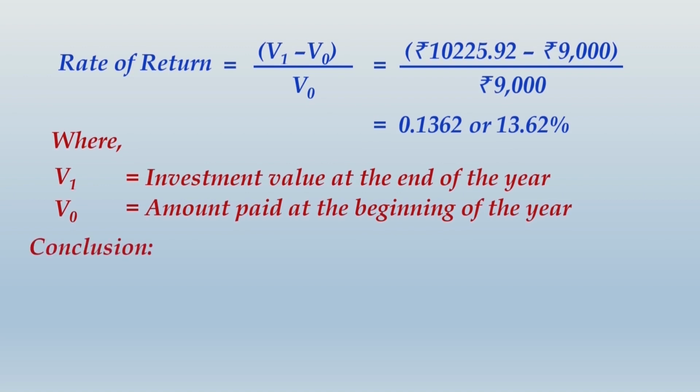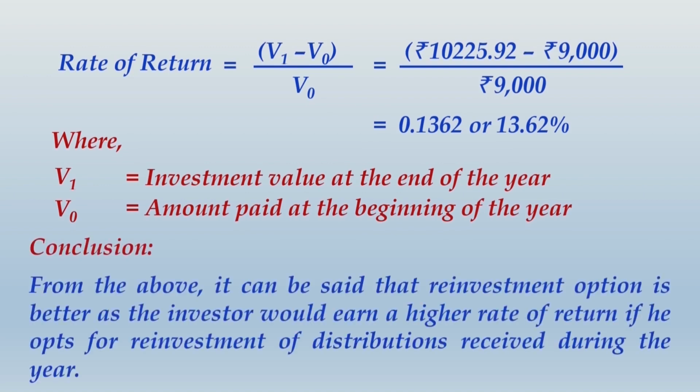So we may also write up a conclusion from the above. It can be said that reinvestment option is better, as the investor would earn a higher rate of return if he opts for investment of distributions received during the year. So please write up this whole thing and then I take you ahead.